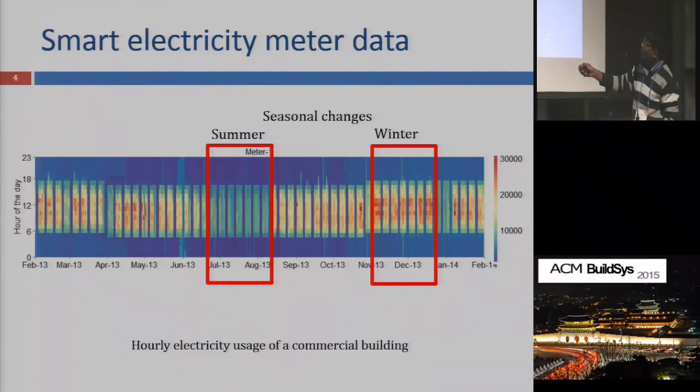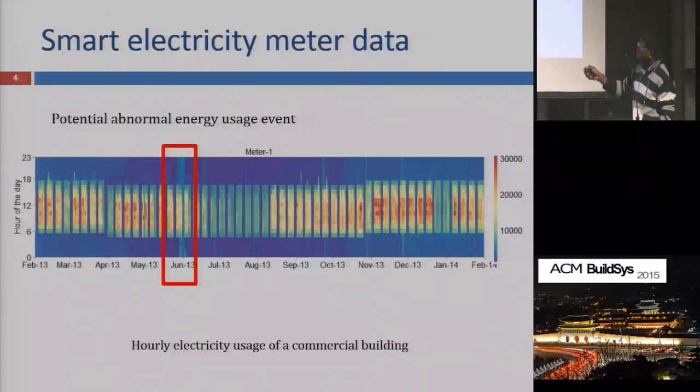In summer there is less energy consumption because this is actually a school building, and it seems some of the components are turned off. During winters it seems they turned on some components, so there is some increased energy usage. I think there is some break time. If you look at this pattern, it seems some components were turned on during the night hours and also during the weekends.